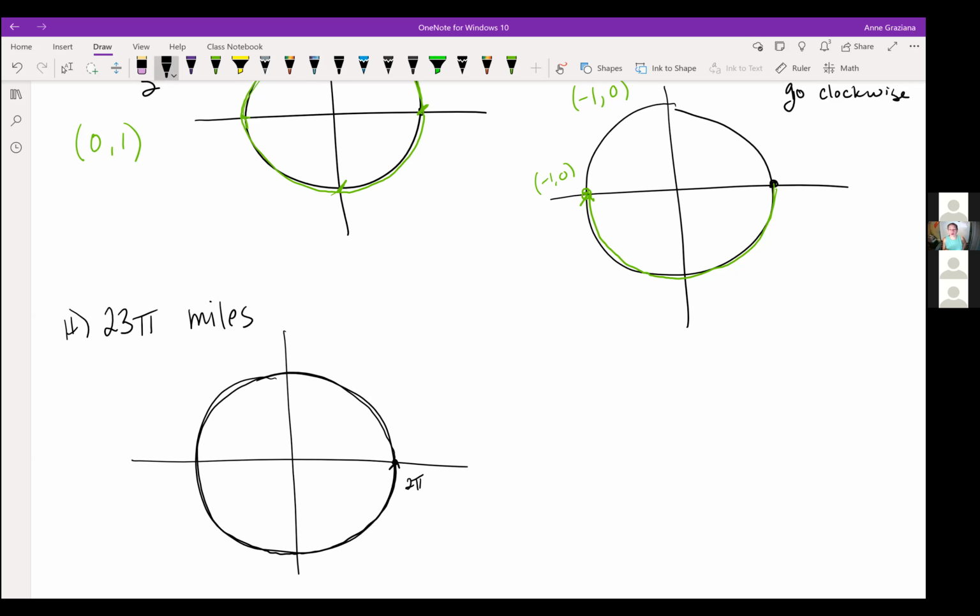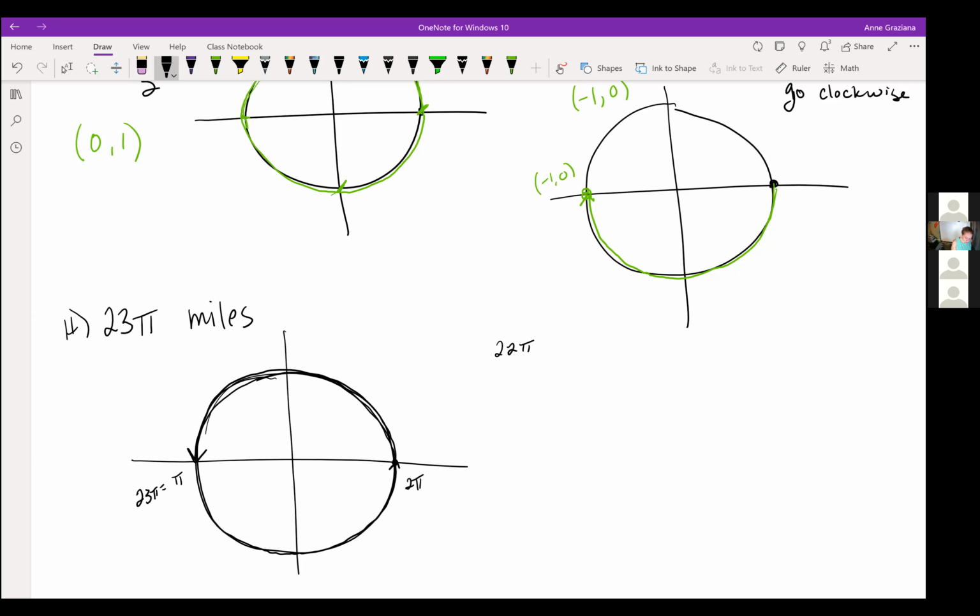What number would be closest? If I go around so many times, 11 times would give me 22 pi miles. Okay, you guys see that? If I go around my track 11 times, that's 22 pi miles. And then if I go one more, that's here. So this is pi, which is the same as 23 pi.